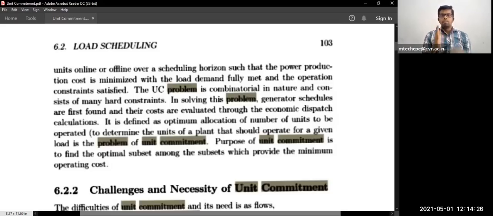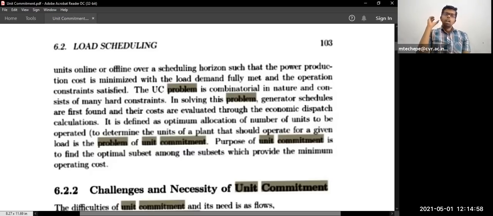In the unit commitment problem, we have to find which is the least cost generator, so that we can commit that particular unit and the cost of generation will be reduced. Out of, say, 10 generating units, we need to decide which units to commit.